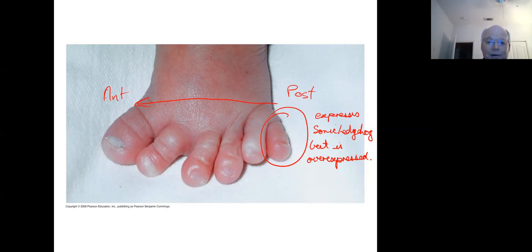Apparently, the expression of sonic hedgehog has changed over time, and the quote unquote normal level of expression provides 5 digits, and the decreasing level of expression leads to changes in the digits from the area of expression, the pinky side, to the area of lowest expression, the thumb side or the big toe side. So a lot of what we observe, we are now starting to be able to explain genetically, but there's a lot more to do here. There's a long way to go before we fully understand this, but that gives us some more ideas.